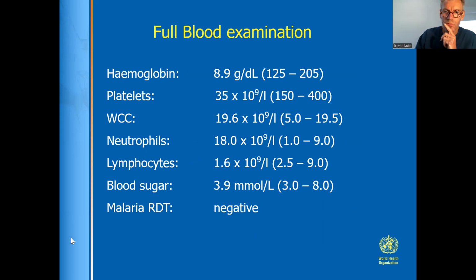This was his full blood count, the real full blood count of this child. Let's go through it. Firstly, his hemoglobin is a bit low, 8.9. If you see this, you should think, is there a reason why this could be? Well, he's 6 months old, and often in babies of 6 months, their hemoglobin is a bit lower. His diet seems to be pretty good.